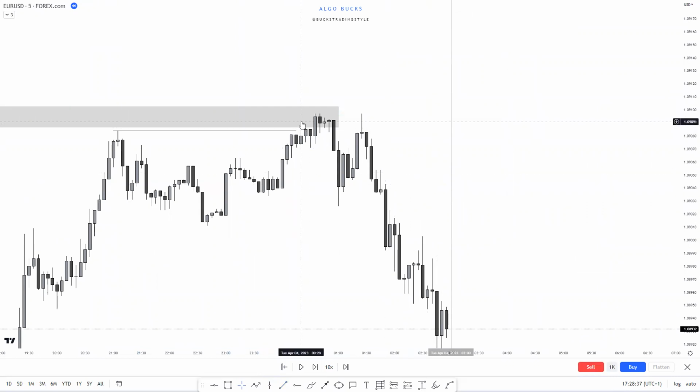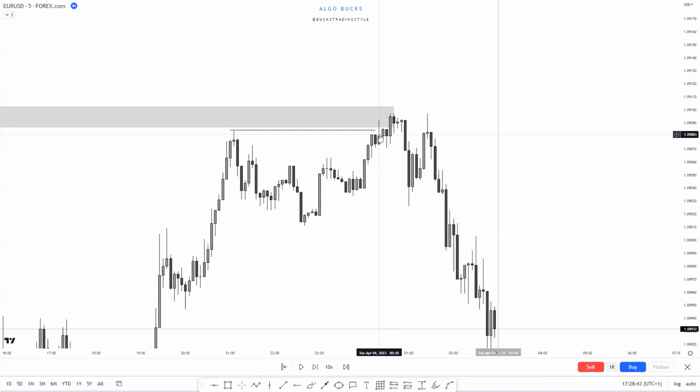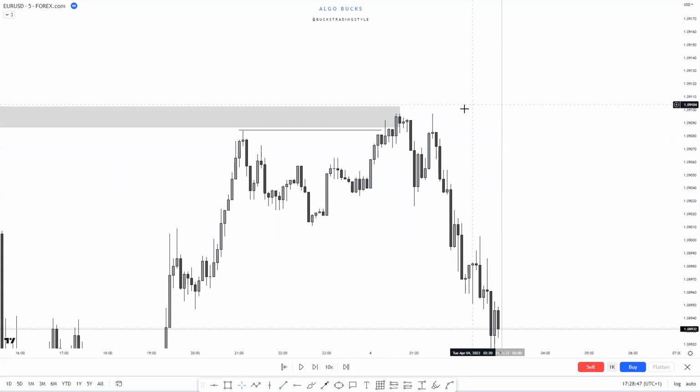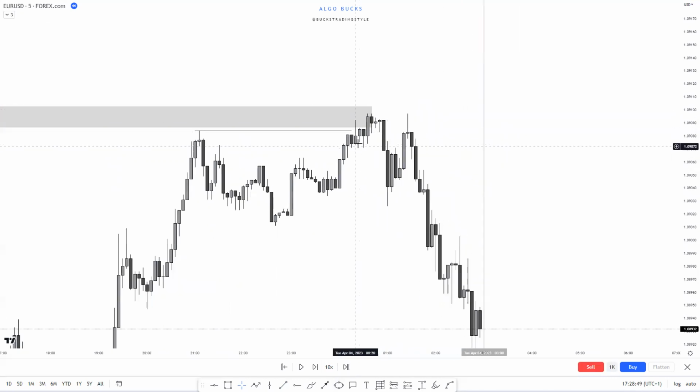Okay, price mitigated the POI, gave us a pin bar right there. But then because we do not have enough confirmation, right? If we're actually going to trade off this pin bar directly, that would actually end up as an L. So on the 5-minute, nothing interesting is happening except for this engulfing right here. The price will mitigate the engulfing and then stop loss will be protected.